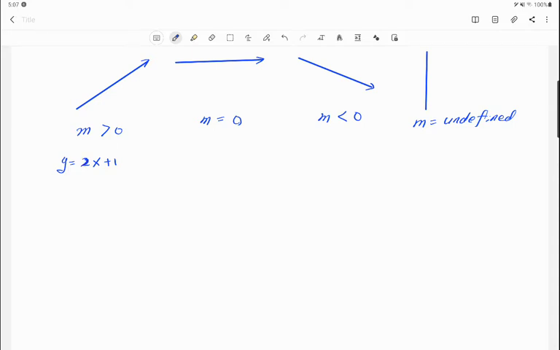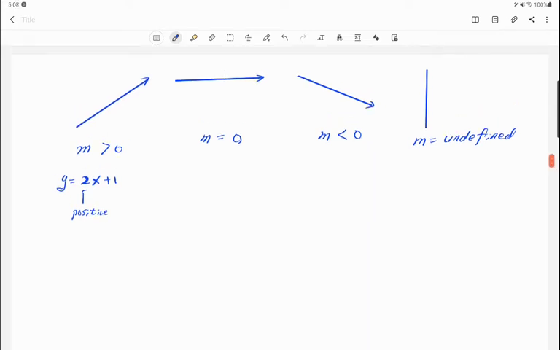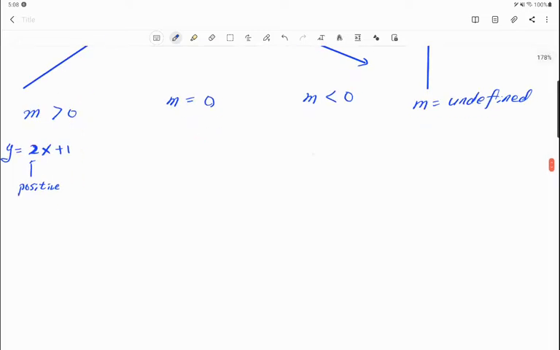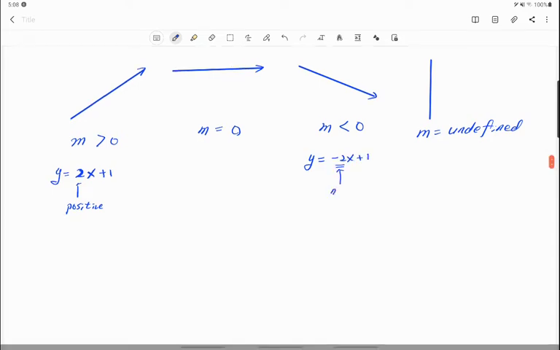That means this one has 2 variables, x and y, and the coefficient of x is positive. Okay, if the slope is negative, then we can write the equation y equals negative 2x plus 1, something like this. So the coefficient of x is negative.